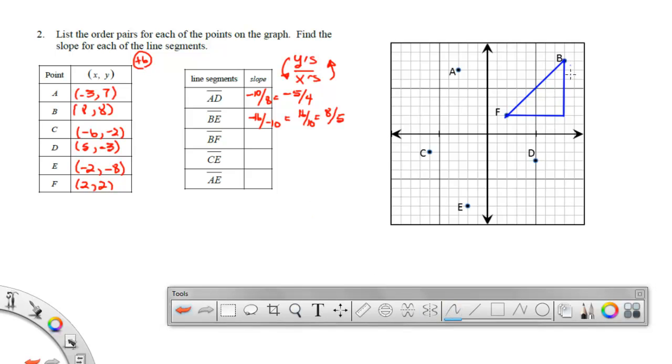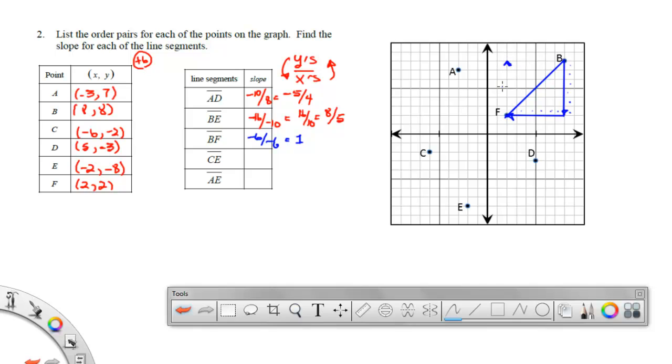So this is 1, 2, 3, 4, 5, 6. That's in the negative direction, so that'll be a negative 6. Now I'll count 1, 2, 3, 4, 5, 6 in a negative direction, so that's a negative 6 over 6, or it's 1.